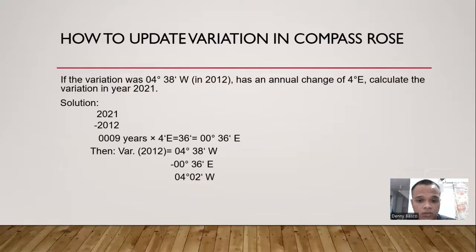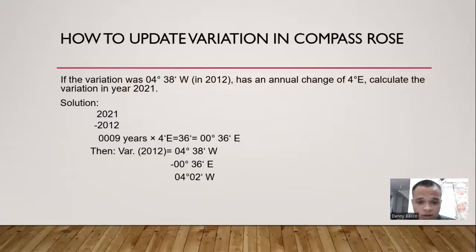We have to subtract the years, 2021 minus 2012, so we get 9 years. Then multiply the annual change by the years: 9 years times 4 minutes east equals 36 minutes.